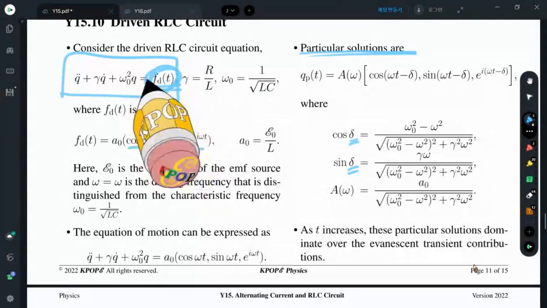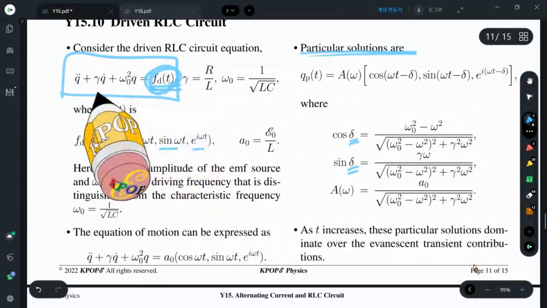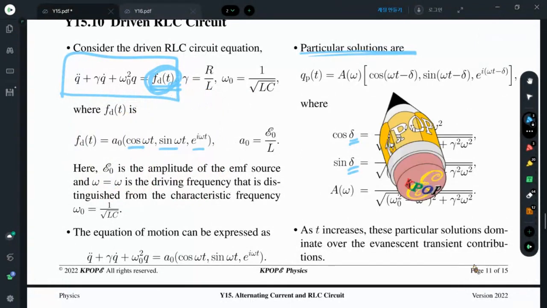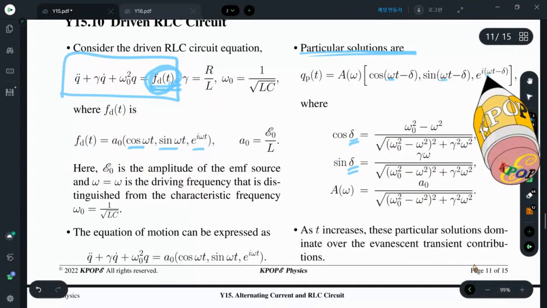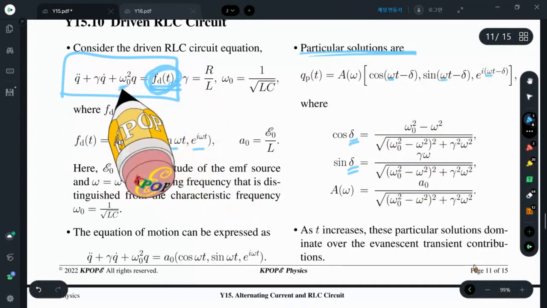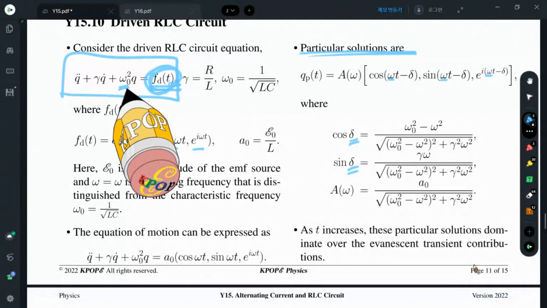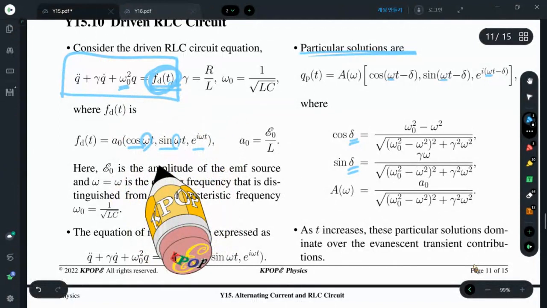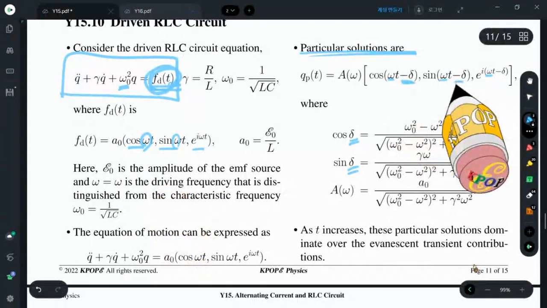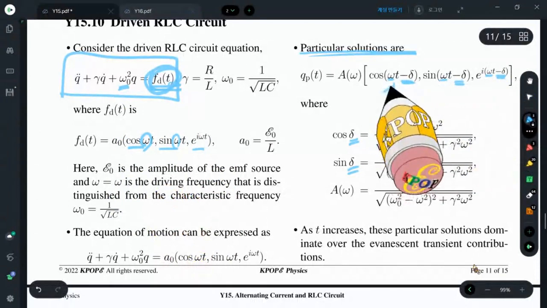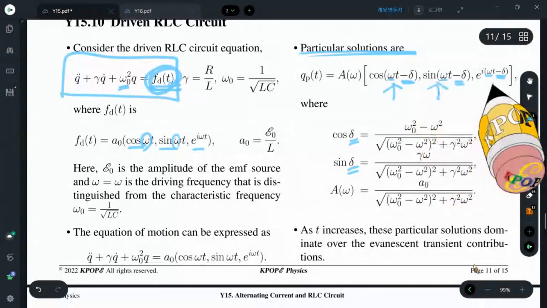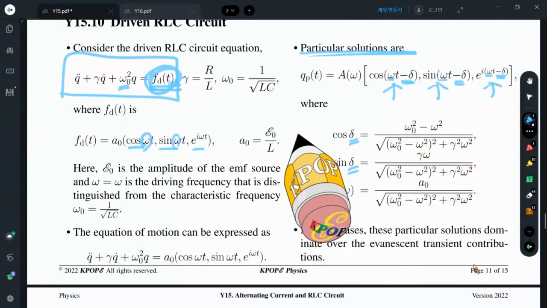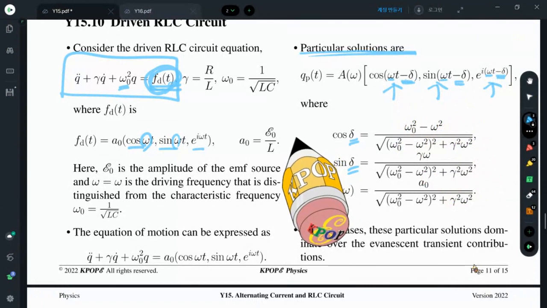I'm interested in reproducing the right-hand side by substituting some trial solution with the same frequency, not equal to omega 0, but equal to this driving frequency. We assume there is a phase shift. Whether you use cosine, sine, or exponential, these phase shifts are exactly the same, always.